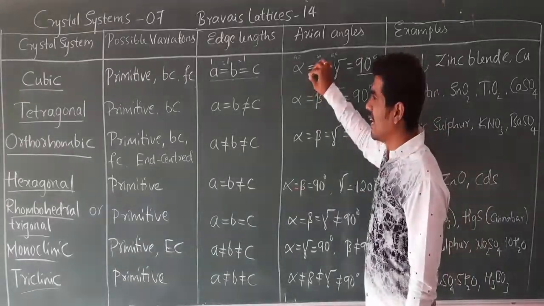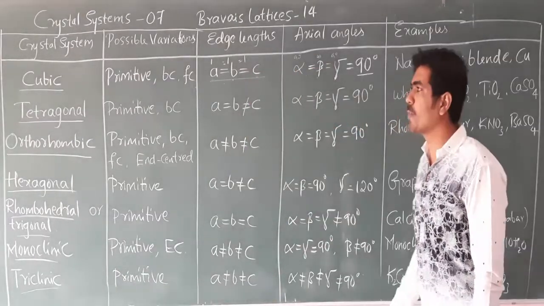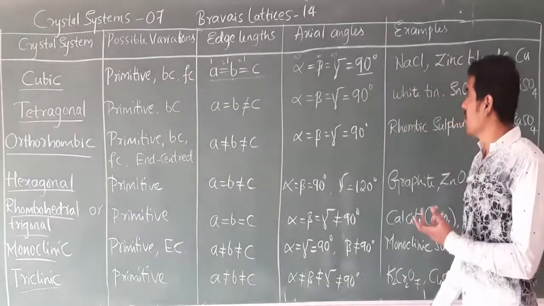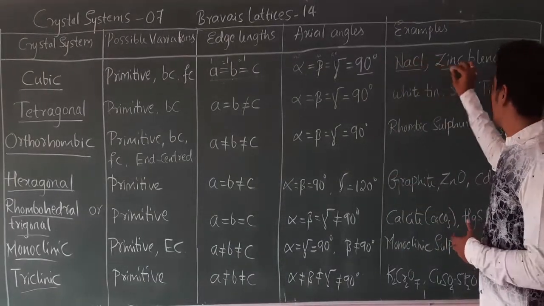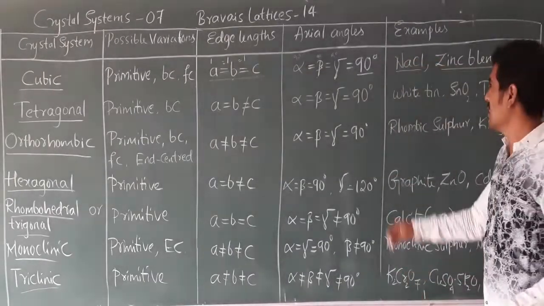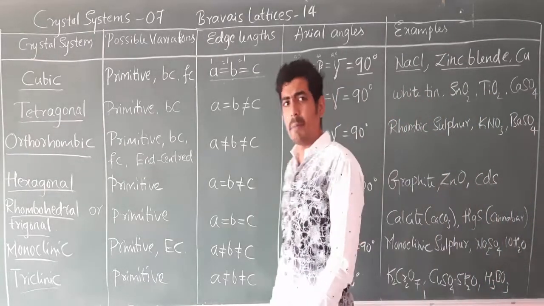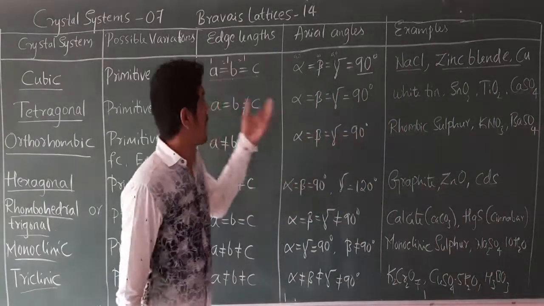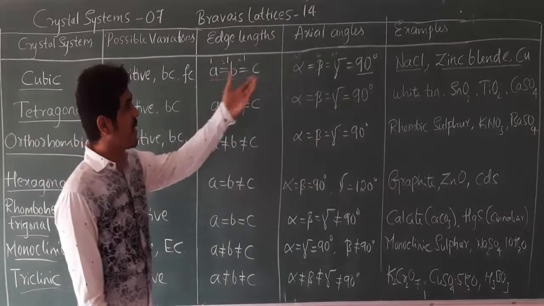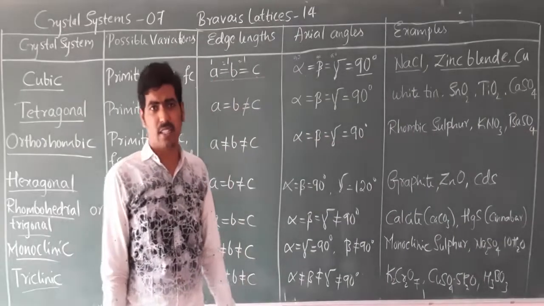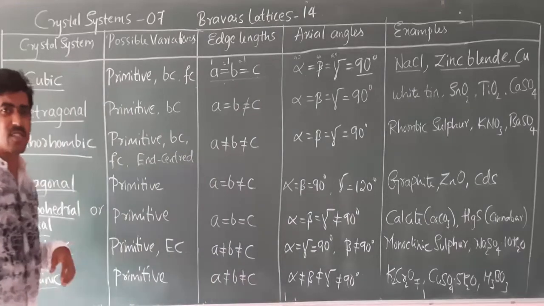These are the axial angles in the cubic crystal system. Some examples of this crystal system are NaCl, zinc blende and copper. So remember these examples, and especially the edge lengths and axial angles for these crystal systems.